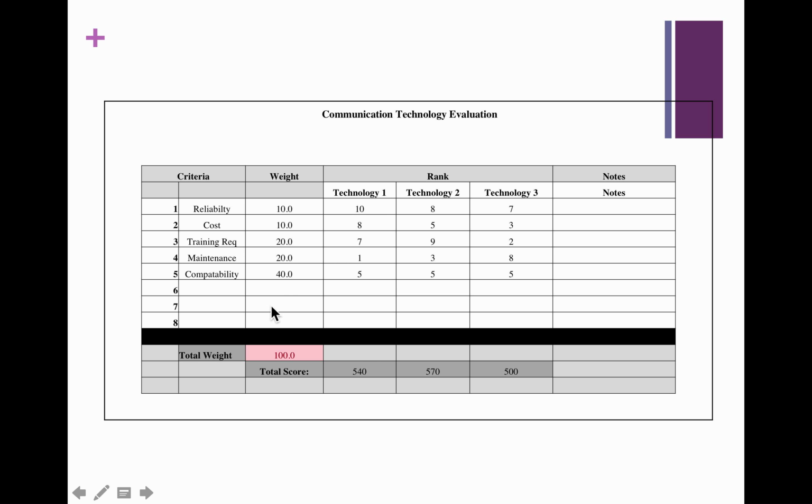In this spreadsheet, in general, all the weights should equal 100, or 1, or 100%. And then the next thing you do is rank your technologies. You go through your specifications, pick 3 different radios, look at your range, look at how much training is required, and put a number here. For example, here it's 1 through 10. Then you go to your second technology and rank it, and your third, and so on.